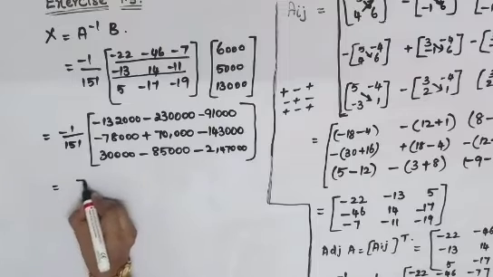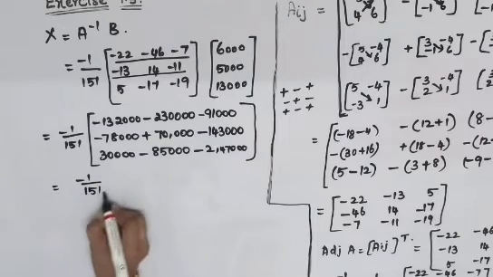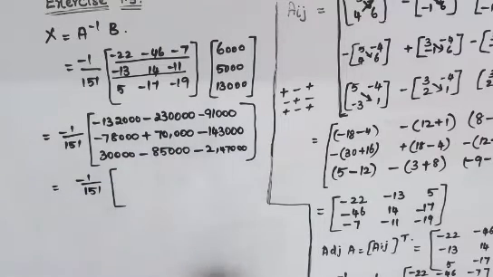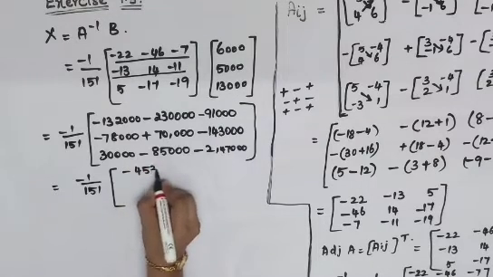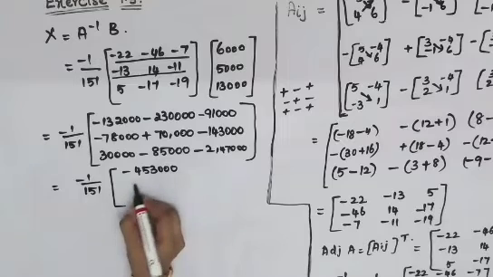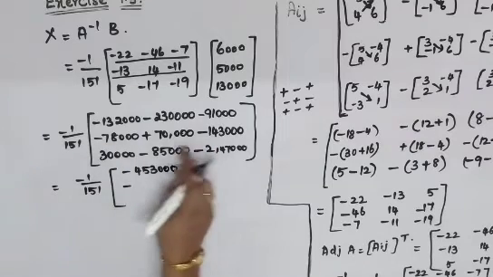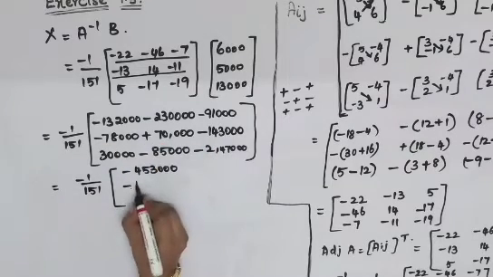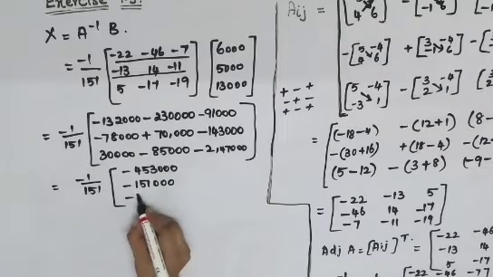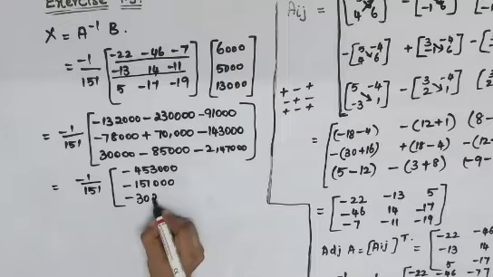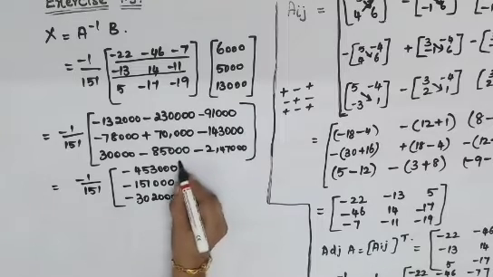Now solving, minus 1 by 151. Just add all these numbers, you will get minus 4,53,000. Now add these two numbers, subtract from here. So you will get 1,51,000. So minus 3,02,000.